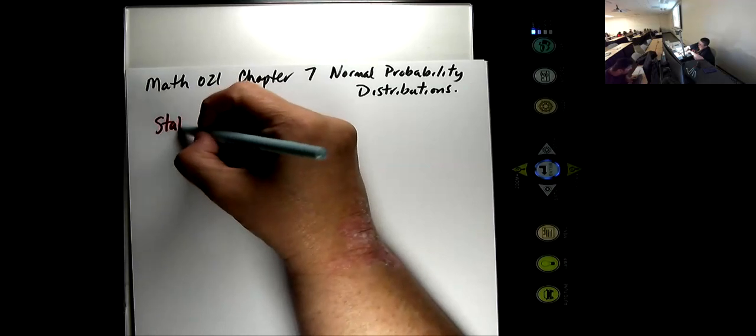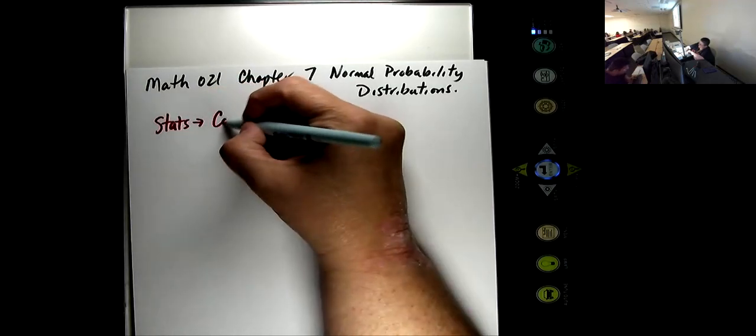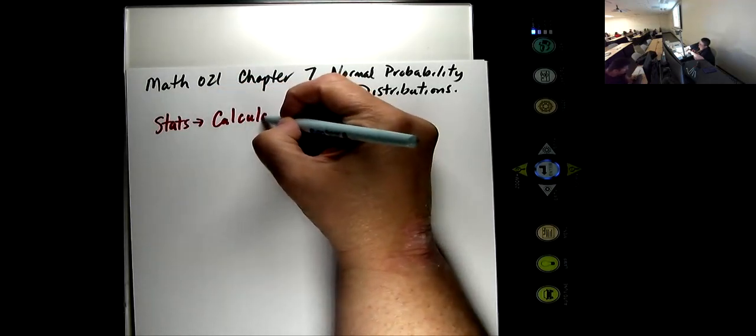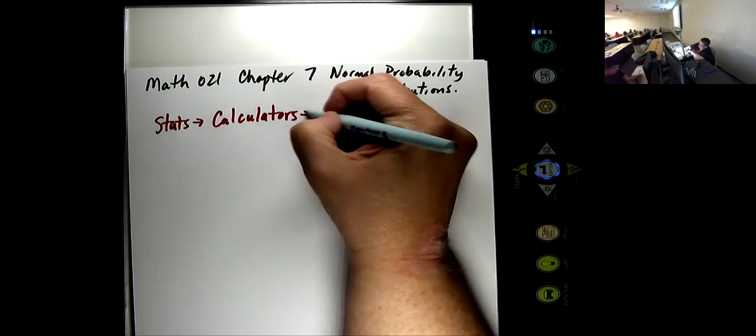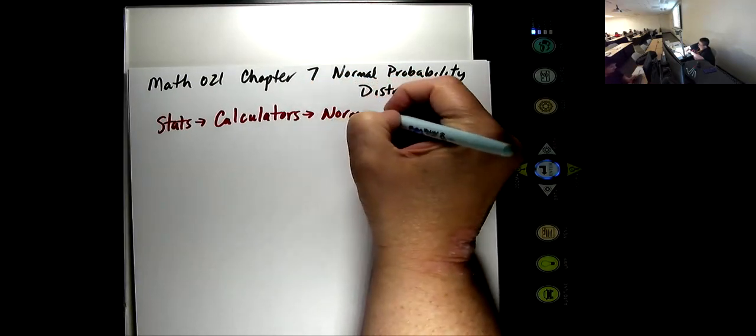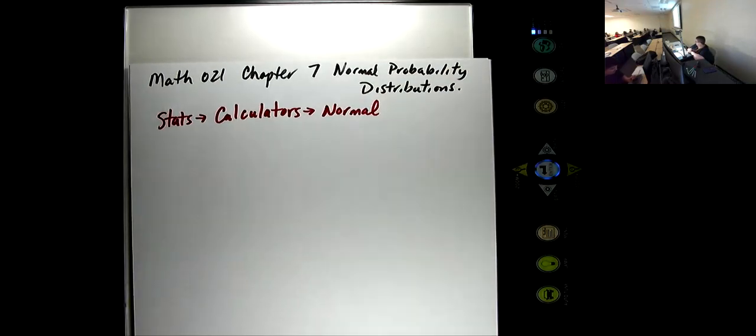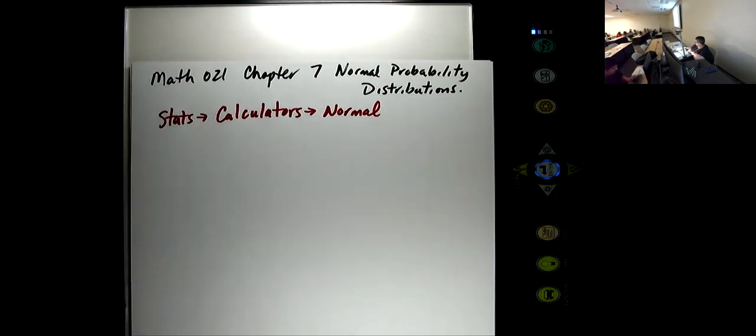So what you need most importantly for solving the problems in this class is how to get to it in StatCrunch. Stats, calculators, normal. Let me open it up and show it to you real quick.